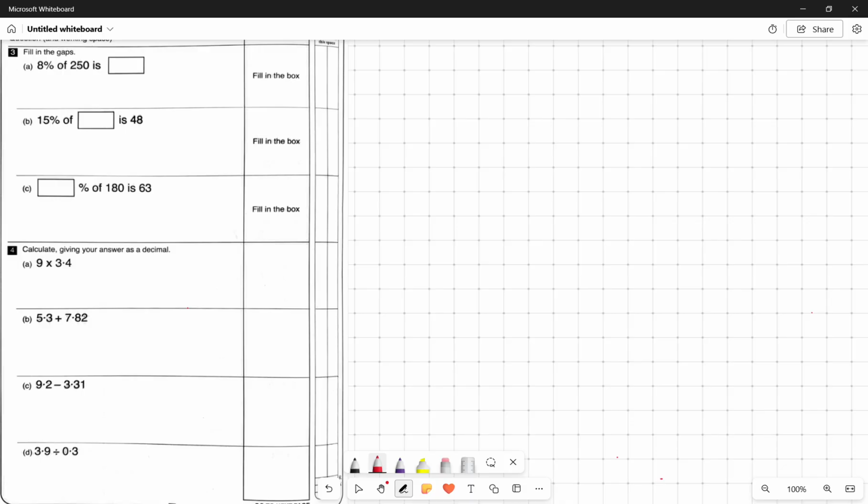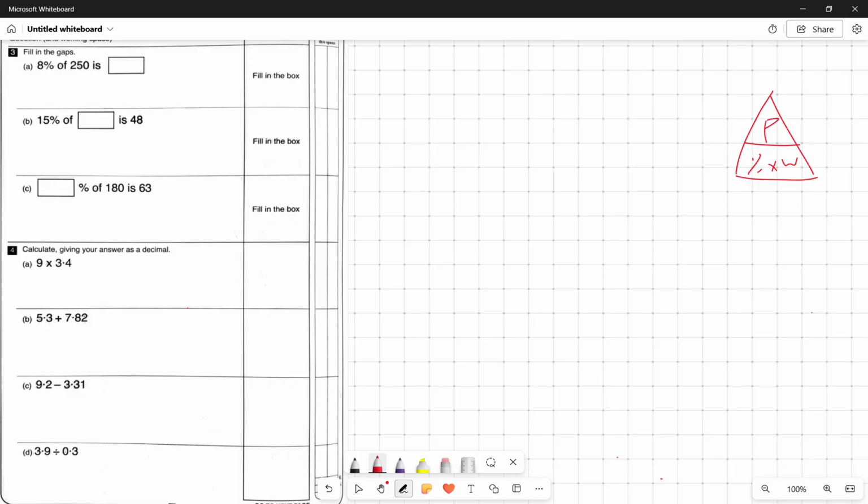Look at the question number 3A: what is 8% of 250? So I'm going to use the concept of percent. Look at this one. This is our triangle, and I'm going to say this is P, this is the percent sign, and this is W. Okay, so let me write down.